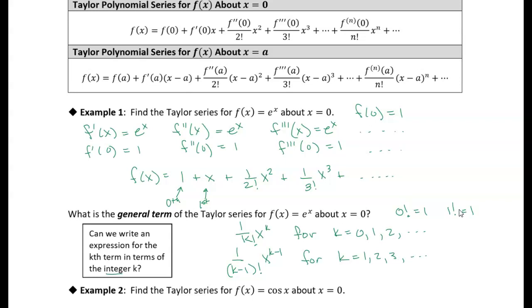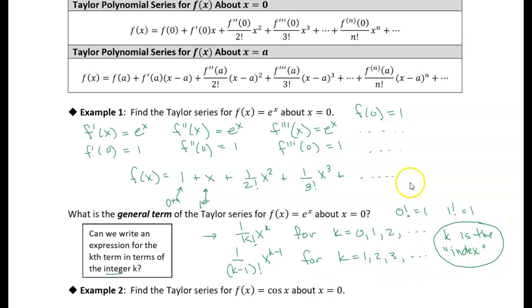Oftentimes, though, you'll see it this way just because it's simpler to start at 0. Also, k is called the index. You might see that term used in some of the homework problems, so that's what that means. K is the index.